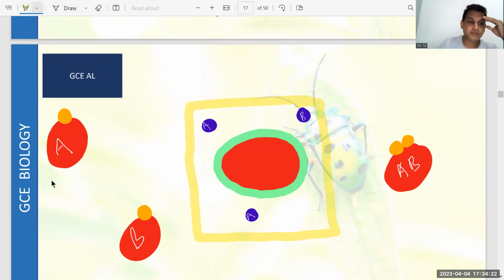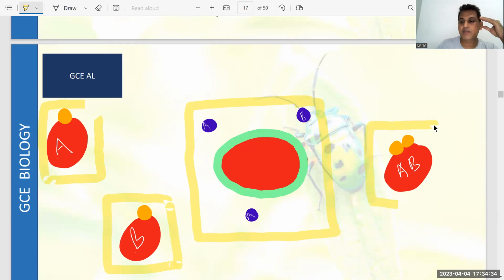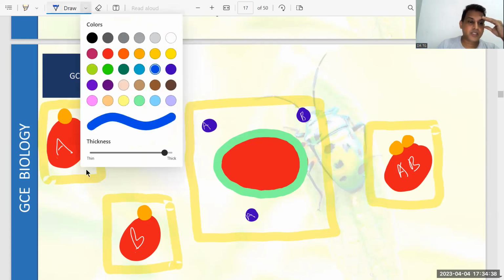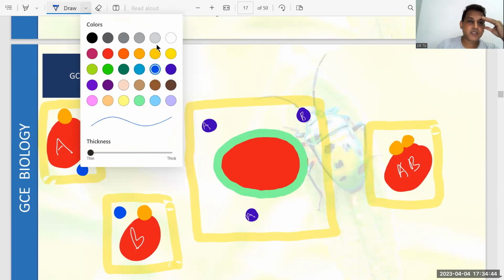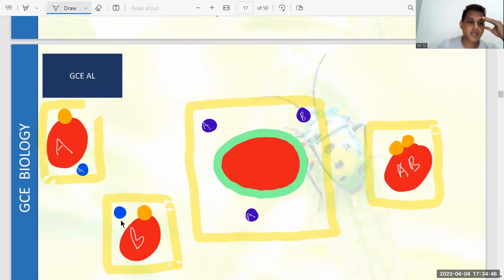Plasma: A has B antibody, B has A antibody, and AB has no antibody in the plasma. This is A antibody, this is B antibody, and there's no antibody.